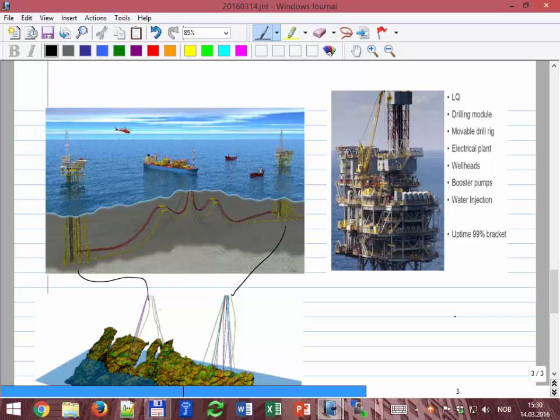Here you have the power generator, but all the treatment is done in the main FPSO. So you have to pump all of this mixture of water and oil here, and then the water comes back for the injectors to go down.